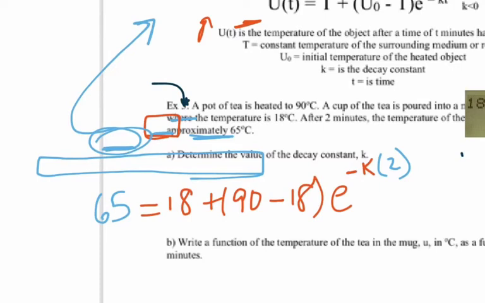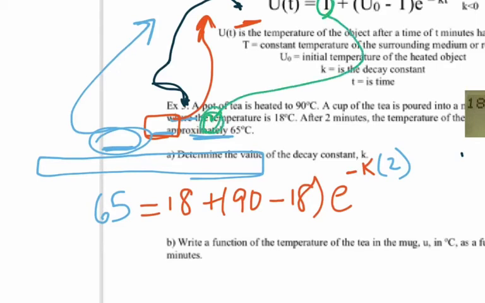The 18 is the temperature of the room, if you will. 18 degrees, that's the T spot. So that would go in here. And then the U sub 0 is the 90. So that needs to go into this spot. And then the lowercase t, in this case, is the 2 minutes. So this is kind of an involved formula, so make sure you understand what's happening here.